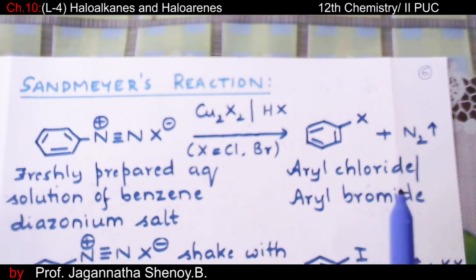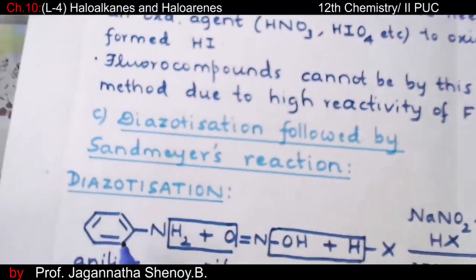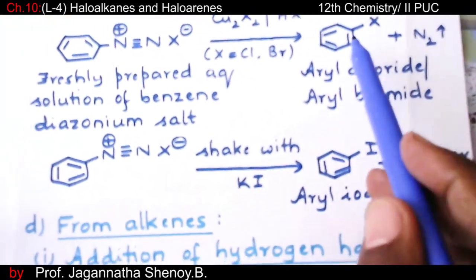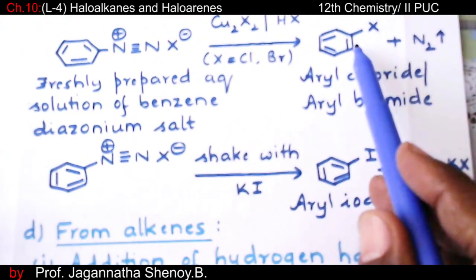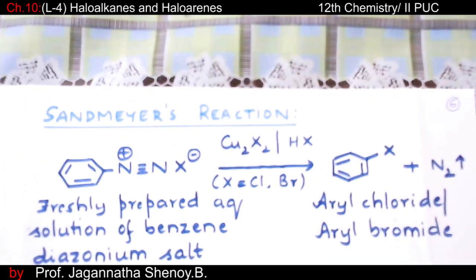So if you consider diazotization with the Sandmeyer's reaction, it is possible to convert aniline into either chlorobenzene or bromobenzene. Now, is it possible to convert it into aryl iodide?